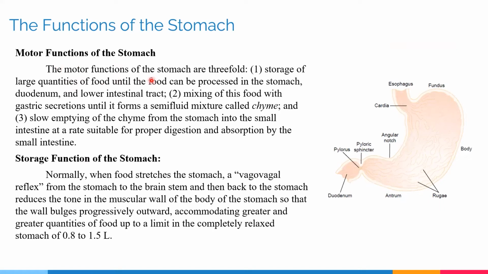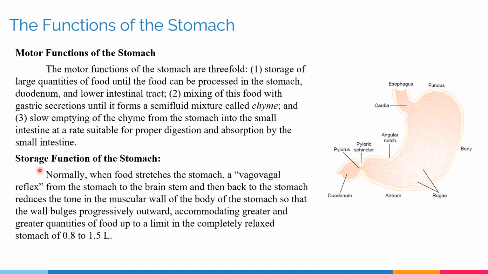The motor functions of the stomach are threefold: storage of large quantities of food until the food can be processed in the stomach, duodenum, and lower intestinal tract; mixing of this food with gastric secretions until it forms a semi-fluid mixture called the chyme; and slow emptying of the chyme from the stomach into the small intestine at a rate suitable for proper digestion and absorption by the small intestine.